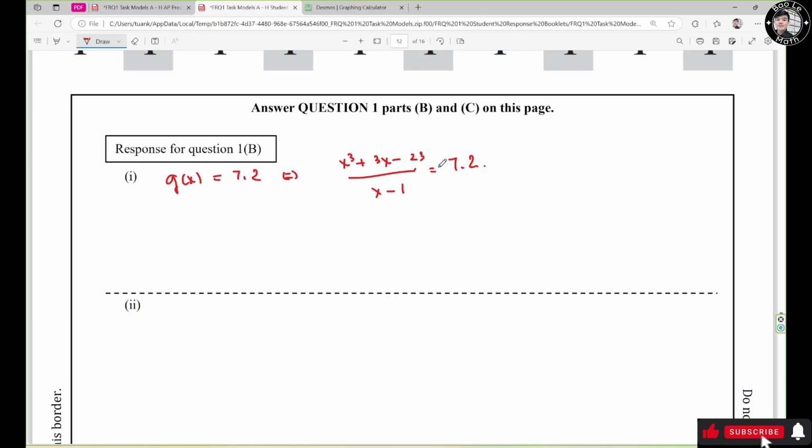Now, in order to solve this one, since we are allowed to use the calculator, we just separate this into two functions. This one is y equals s cubed plus 3s minus 23 over s minus 1. And the second function is going to be y equals 7.2. And we need to find the intersection between these two graphs, and that's the answer.